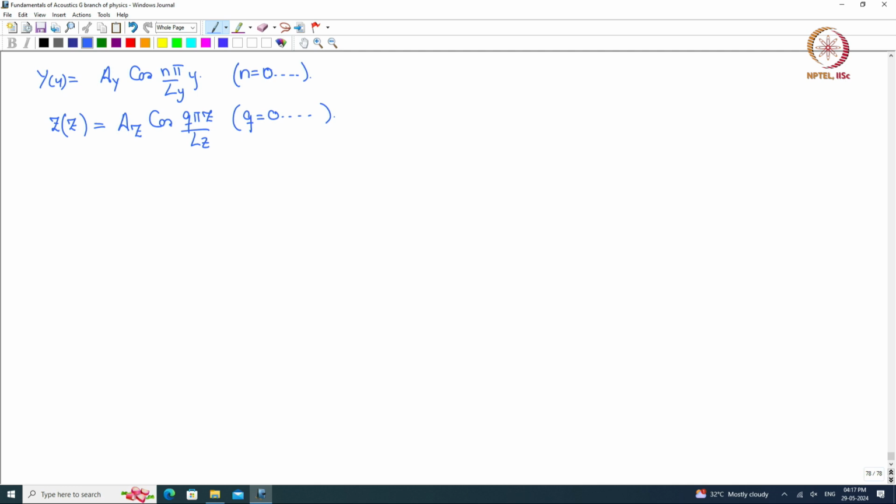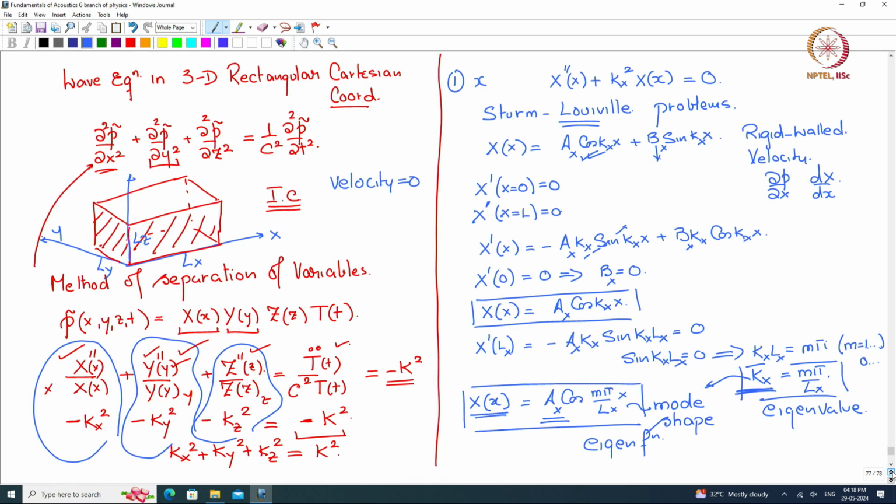Okay. So now, I have this equation that I derived earlier, which is important, this one. And what did I find? kx's are not unique, they are a set of numbers, similarly ky and kz.